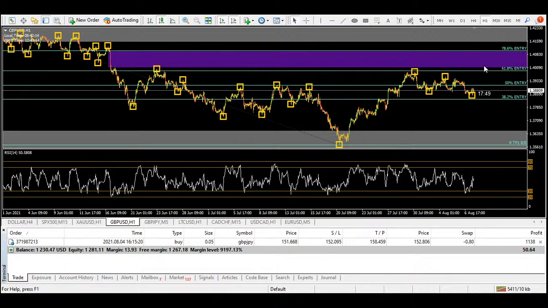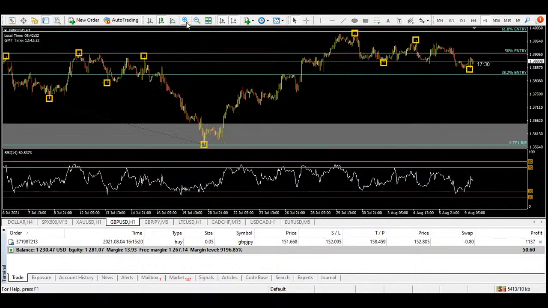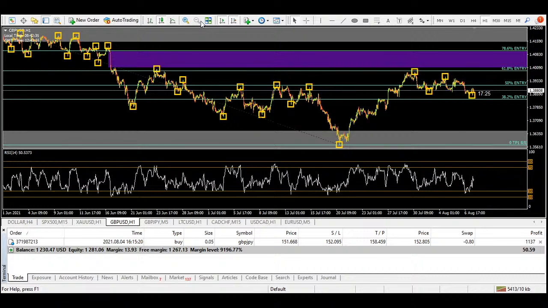I really believe that GU is gonna go up more and probably give us maybe a pin, if not altogether reject at 78.6 and just kind of come through 61.8. So that's what I'm waiting for on that.